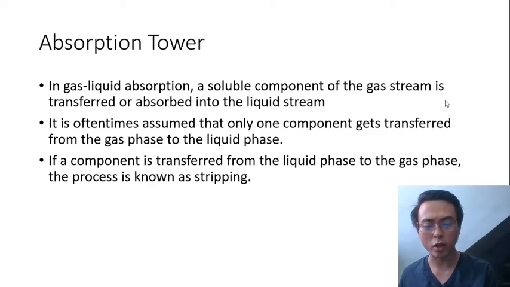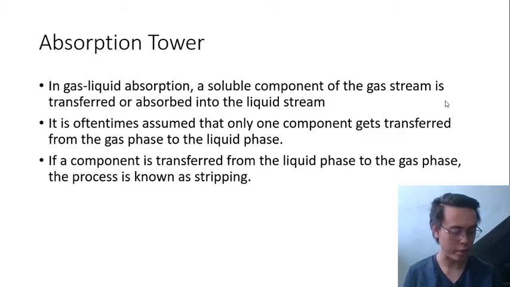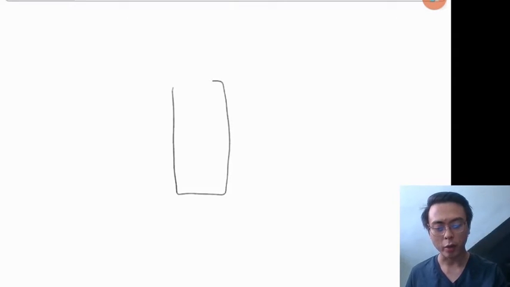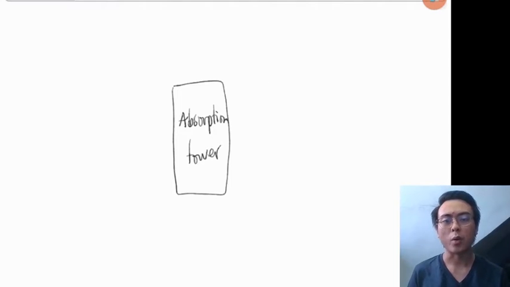How does that look in a process? Okay, let's see. In these processes, we normally utilize towers, and we call that the absorption tower. In the absorption tower, we have four streams. You have two streams for the liquid and two streams for the gas.